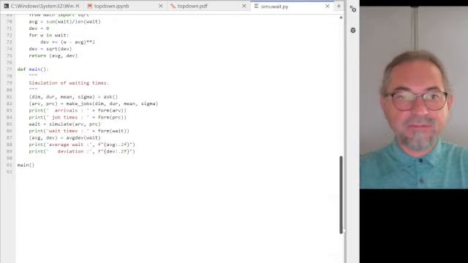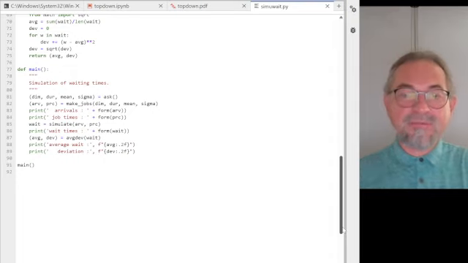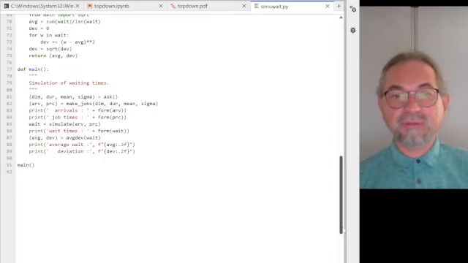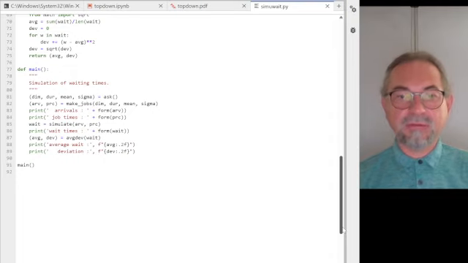The ask function returns a tuple, the make jobs returns the tuple of lists, given the input parameters. We print the arrivals, the job times, the formatted lists. Then we compute the wait times. And finally, the outcome is the average waiting time and the deviation.